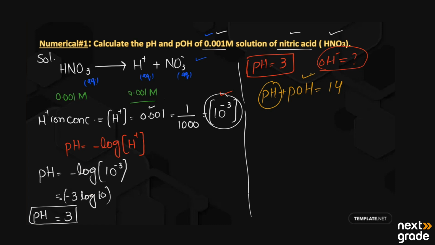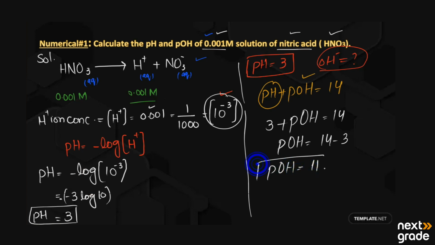By putting the values, pH is 3 plus pOH is equal to 14. By rearranging, we get 14 minus 3. So the pOH is equal to 11. So this is how we can find the pH and the pOH of the solution.